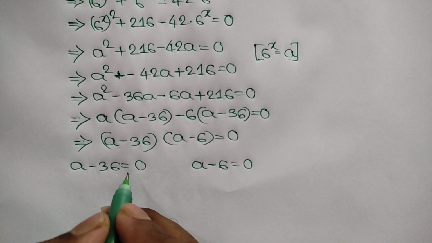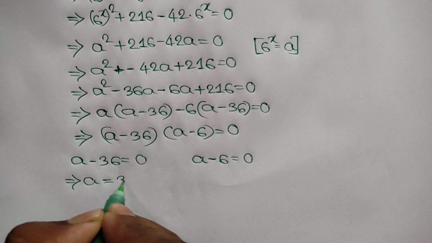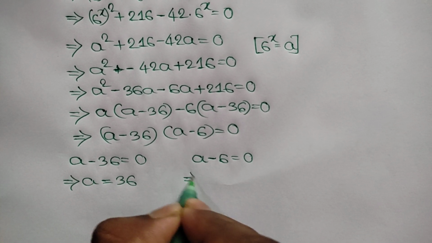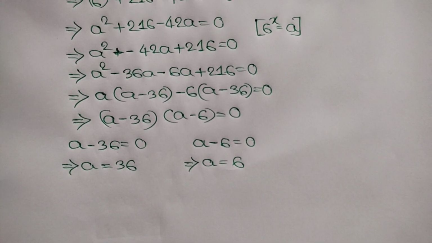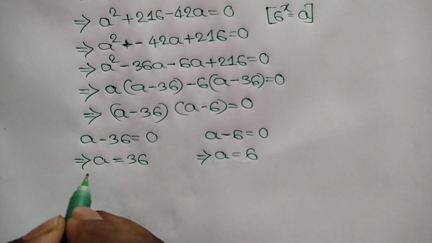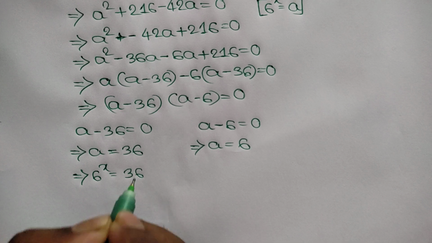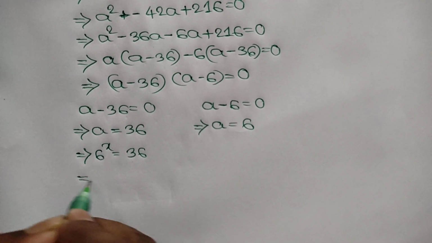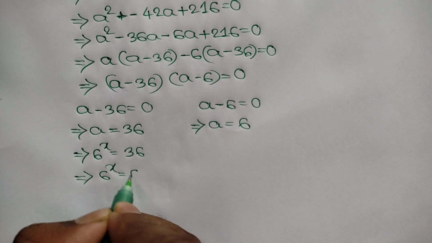When a minus 36 is equal to 0, from here a is equal to 36, and here a is equal to 6. But remember a is equal to 6 to the power x, so we can write 6 to the power x is equal to 36, or 6 to the power x is equal to 6 square.